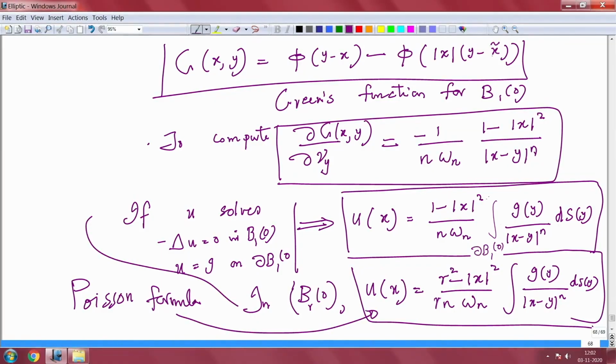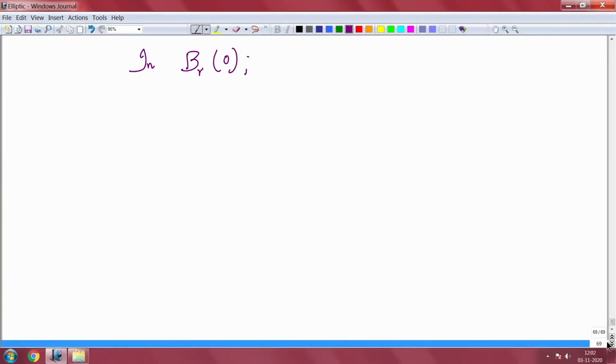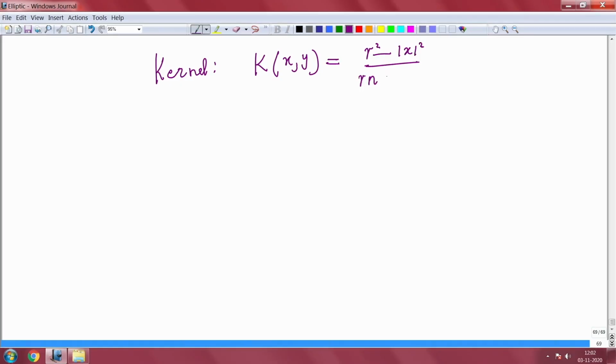So, that is the Poisson formula, and the other thing you do not need. You have the kernel in general, kernel k of x y equal to, these are all immediate things, r square minus mod x square by r n omega n times 1 over mod x minus y power n.